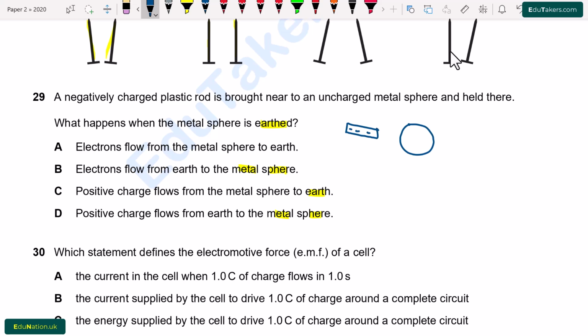When this rod is brought closer to the sphere, there will be positive charge, and an equal amount of negative charges appear on the other side. And when I earth this sphere, these electrons move towards the ground. So electrons from the metal sphere move towards the ground. Option A is correct.